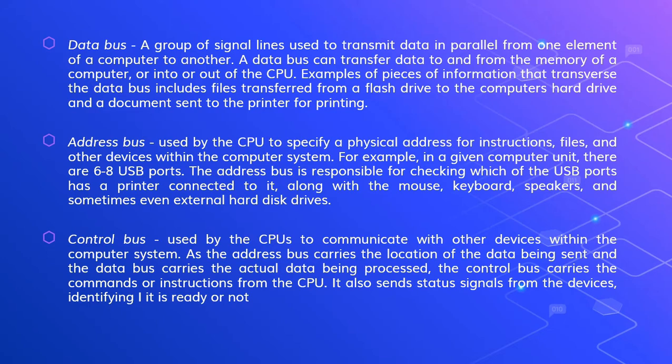Examples of pieces of information that transfer through the data bus include files transferred from flash drive to the computer's hard drive and documents sent to the printer for printing. So, sa data bus dumadaan yung files natin na kailangan. The data bus is responsible for accessing this type of files.